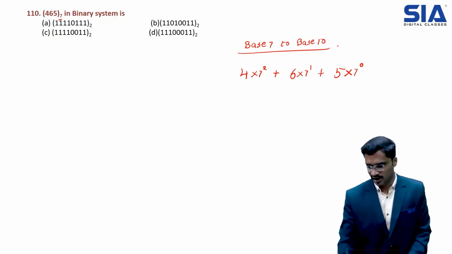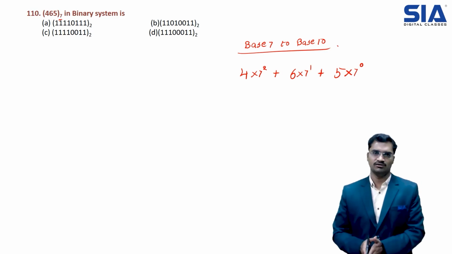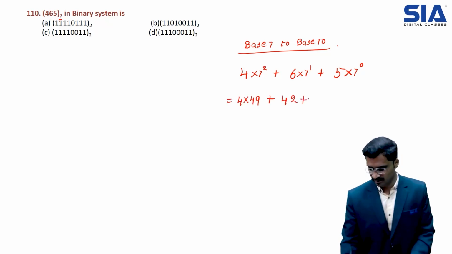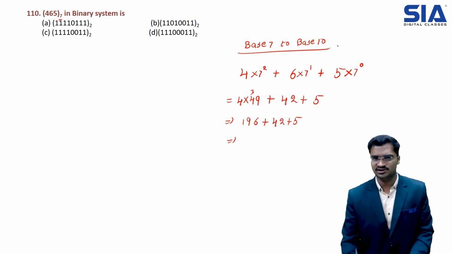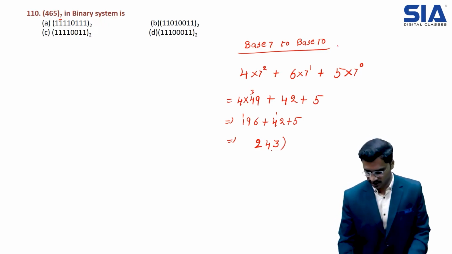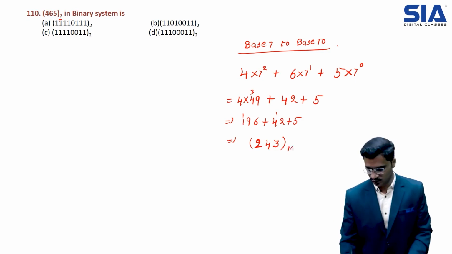Then I have to add these numbers, and the result will be the base 10 number. So 4 into 49 is 196, plus 6 sevens are 42, plus 5 into 1 is 5. 196 plus 42 plus 5 is 243. So 465 base 7 is nothing but 243 base 10.